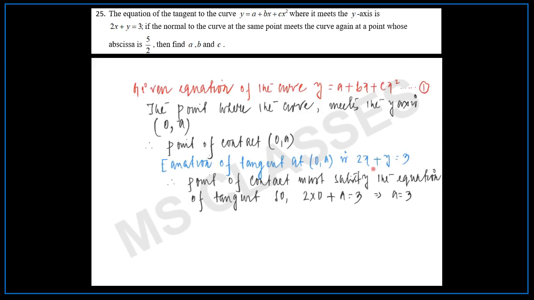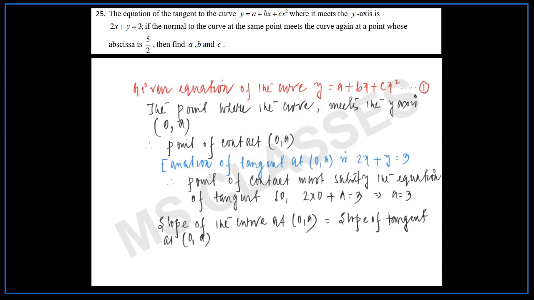Now, again the slope of the curve at the point of contact equals the slope of the tangent at that point. Slope of the curve at 0 comma a equal to slope of tangent at 0 comma a. Obviously, slope of tangent will be the same throughout.